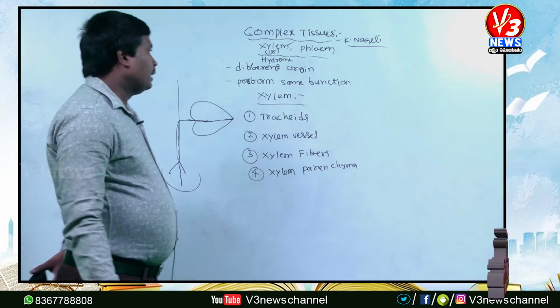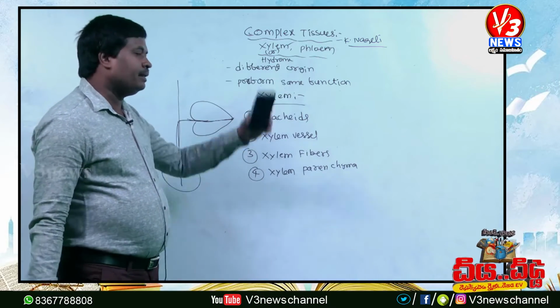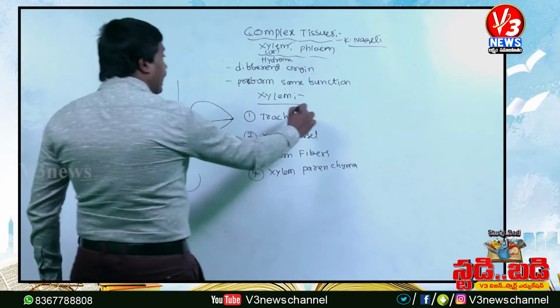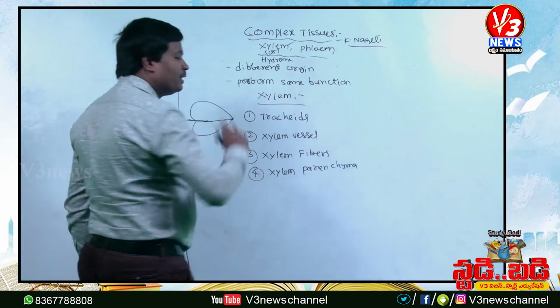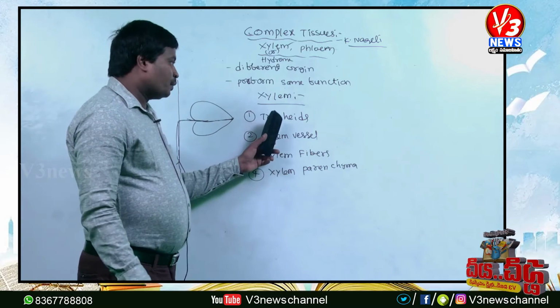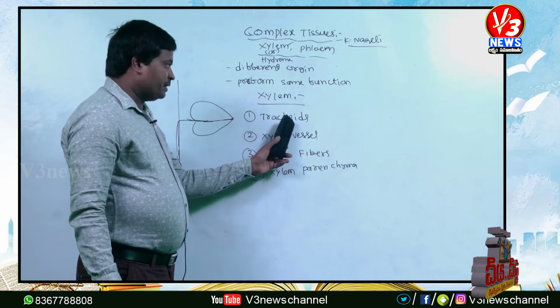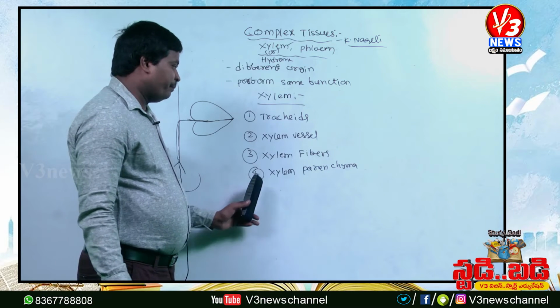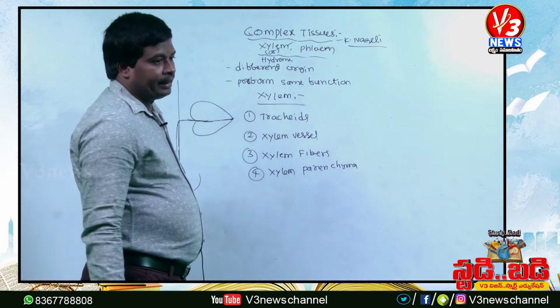How many kinds of cells are present in the xylem complex tissue? There are four kinds of cells. Tracheids and vessels together are known as tracheary elements. So the first type of cell is tracheids, next xylem vessel, next xylem fiber, and xylem parenchyma.